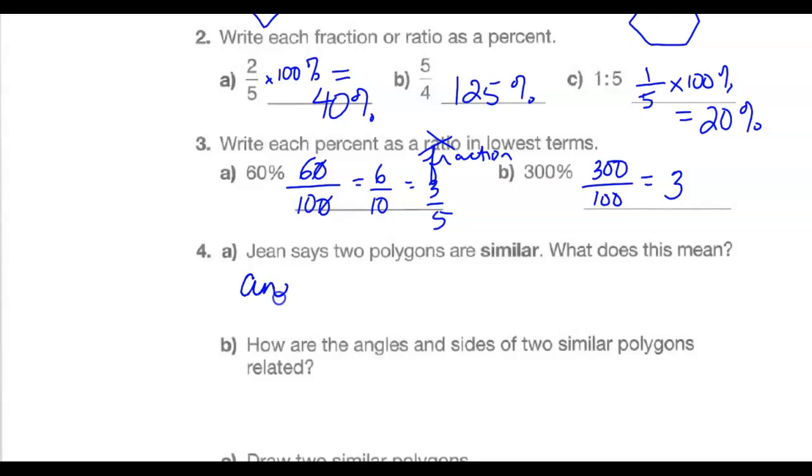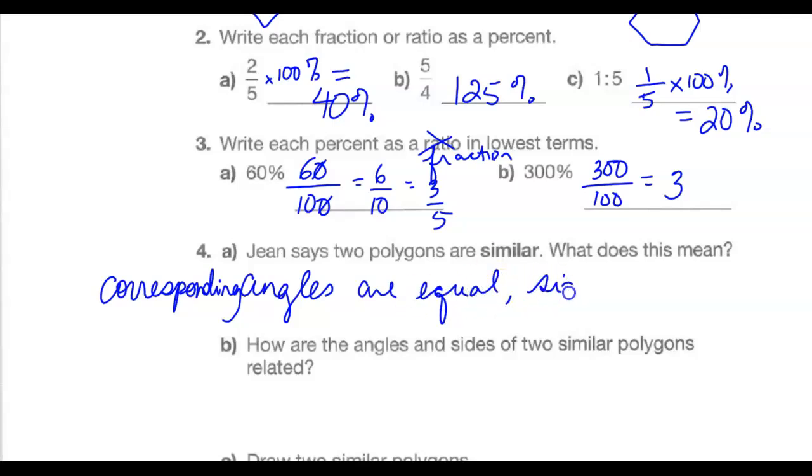So corresponding angles, when you look at the two polygons, are equal. And then sides are proportional. Basically a blow up or a shrinking of an object.